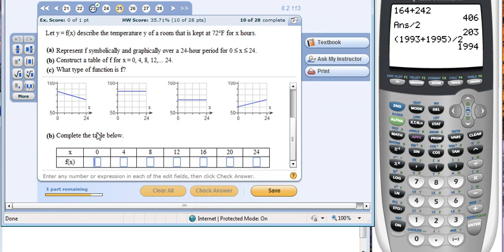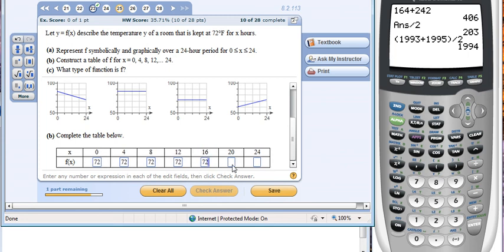Now we're going to complete the table below. Remember, x is the hours, y is the temperature. Hour 0, hour 4, hour 8. What are all my y values? Well, we're not moving the thermostat. The thermostat is staying at 72 degrees for a period of 24 hours.